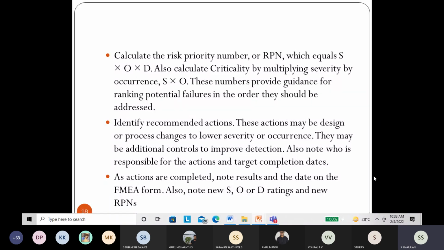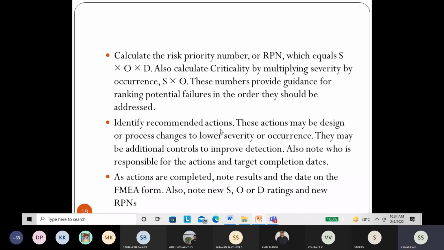These actions may be design or process changes to lower the severity. In the ATM example, on the right side, after modification, what is the severity and what is the occurrence? The occurrence will come down, the severity rating will come down, or we can give additional controls to improve the detection.